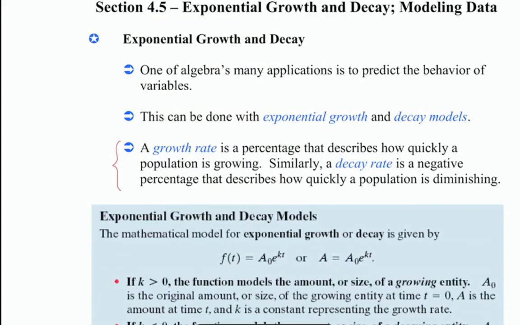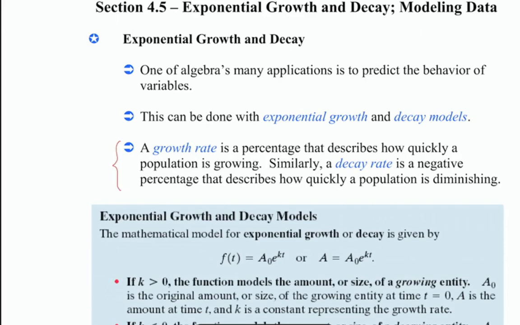I've pre-bracketed that third bullet point that you're seeing there that tells us that a growth rate is a percentage that describes how quickly a population is growing. And similarly, a decay rate, and this is where I think you need to underline the fact that a decay rate is a negative percentage.